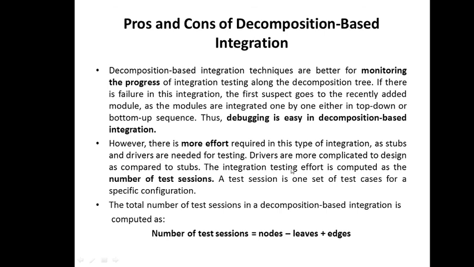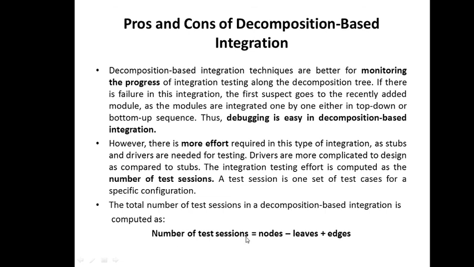Now, the integration testing effort is computed as the number of test sessions. So how are you going to calculate the effort? It depends upon the number of test sessions. A test session is one set of test cases for a specific configuration or scenario. So how to calculate it?